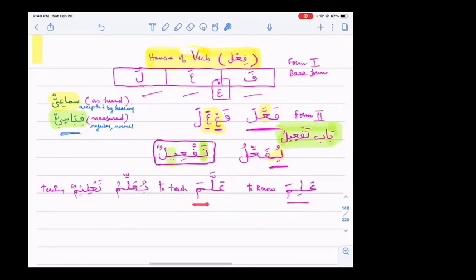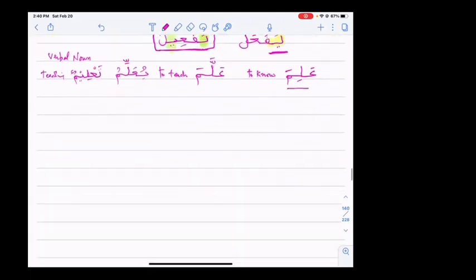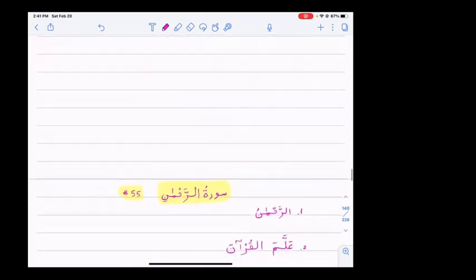Now you bring that in this form, the meaning changes and it will have a mafulun bihi. And ta'lim is the verbal noun. Now, this is a bonus for you, my brothers and sisters.